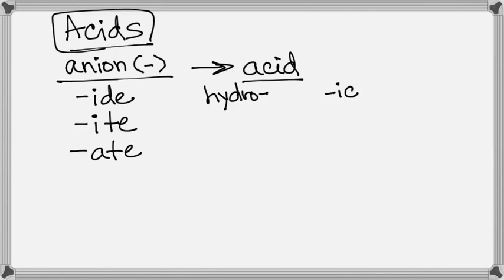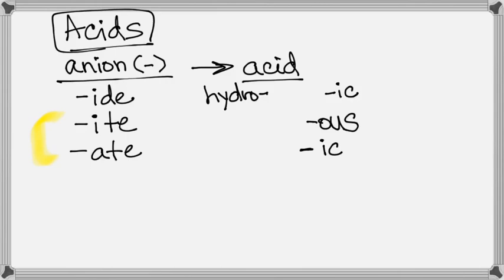Now moving on to our polyatomic ions ending in "-ite" and "-ate". If your polyatomic ion ends in "-ite", then the acid name ends in "-ous". And if it ends in "-ate", the acid will end in "-ic". So no prefix there unless the prefix is just part of the polyatomic ion.